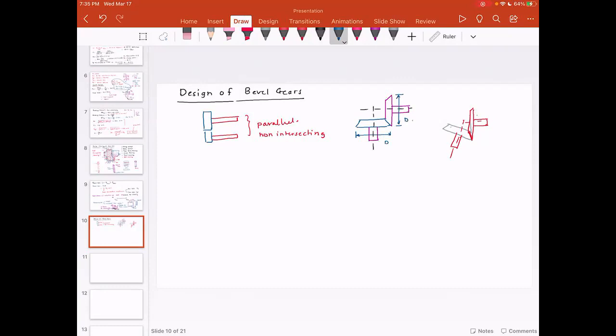So if both the gears are perpendicular to each other and the diameters are the same, they are called miter gears, or the pair of bevel gears. Now, bevel gears are typically found in automotive transmissions. So for example, if you have a rear wheel drive, you are going to have a differential.